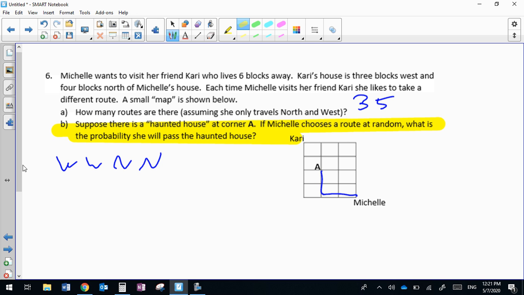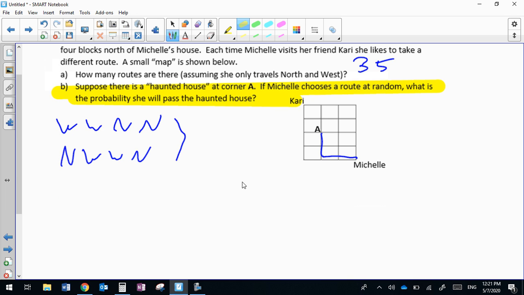Any arrangement where the first 4 letters are 2 wests and 2 norths is going to make her pass point A. So west, west, north, north is one, but so is north, west, west, north. That's another possibility. So how many arrangements are there like this?